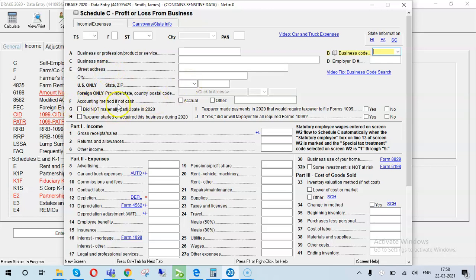Then line F, the method of accounting of the business, like is it a cash method or accrual method or any other. Guys, I want to explain the difference between the cash method and the accrual method. Cash method is basically where you report the income when you get the money and deduct your expenses when you actually incur those.